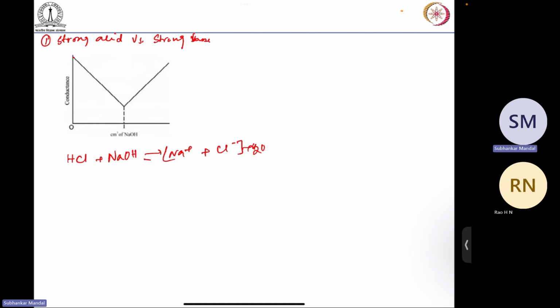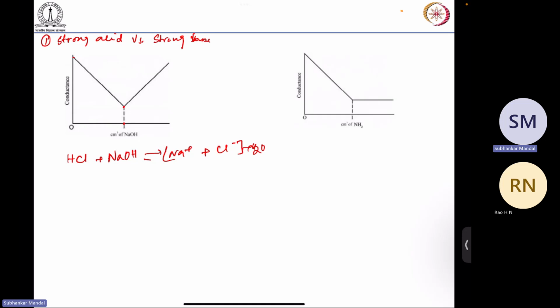Initially it is high while you are doing the titration, then it decreases, and after some time it reaches a minimum conductance value, and after that it again increases linearly. From here, that value is the equivalent point. That is okay. Now my question is, why is the nature of the curve like this, compared to the other type of graph?